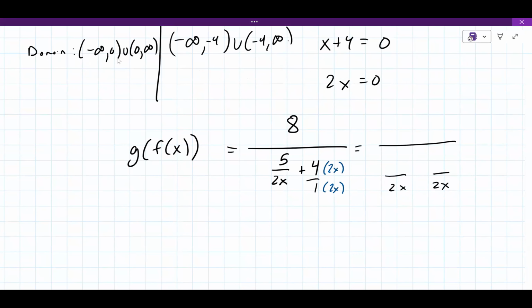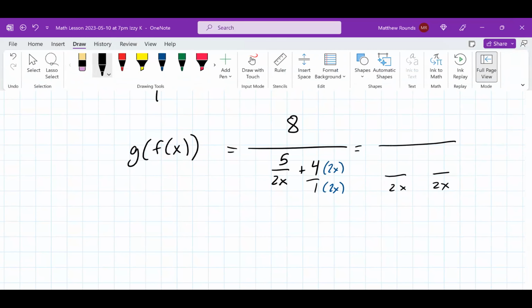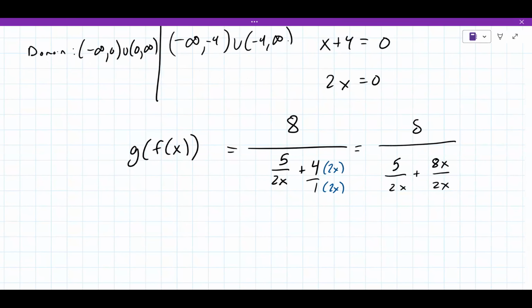So this becomes 5 plus 8x. Keep the 8 there. And then on the bottom, because the bottoms are the same, you can combine the tops like that. Do you remember what to do here? You can take 2x out of the bottom and move it to the top.